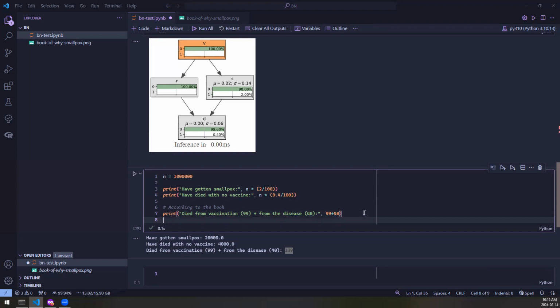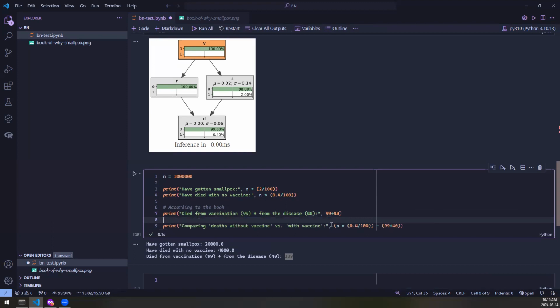So I have this next print statement over here. The first part here is those 4,000, this exact number over here. People died with no vaccine. So this is the number we got earlier.